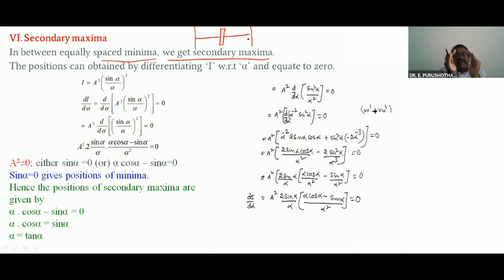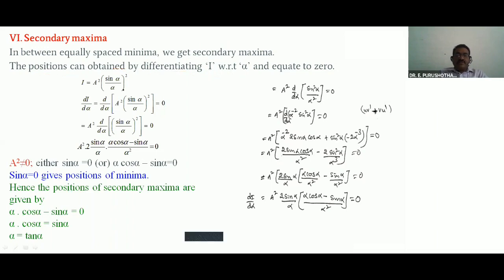So equally spaced minima means minimum intensity fringes or images. We get secondary maxima. After dark, we get maximum. Maximum means maximum intensity. The positions can be obtained by differentiating intensity with respect to alpha.